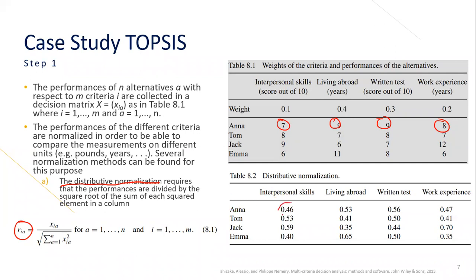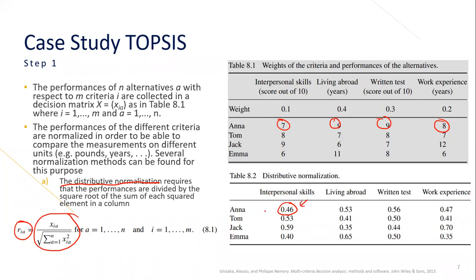For example, here, this one. The normalization score for Anna related to her interpersonal skill is 0.46. How do you calculate this one? Based on this formula. So this formula looks like what?